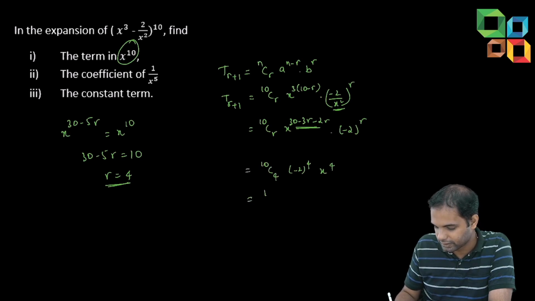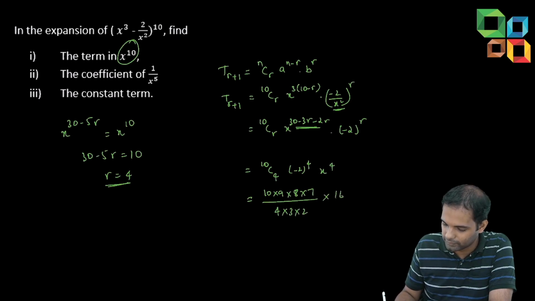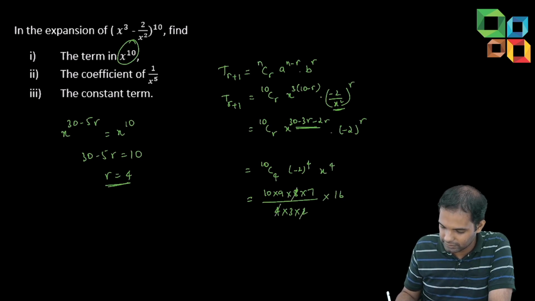It's not that tedious. So it's 10 into 9 into 8 into 7 by 4 factorial, 4 into 3 into 2, into 2 power 4. 2 power 4 is 16. So 4 into 2 is 8, this gets cancelled, and 3 gets simplified. Now 3 into 7 is 21.